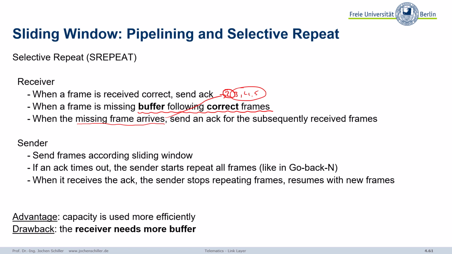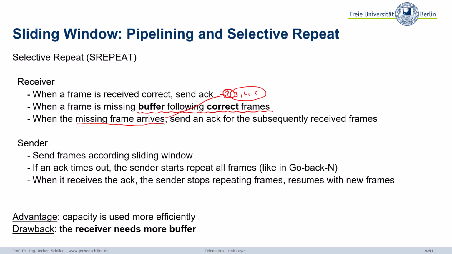That's quite obvious. So we started with a very simple go back N. The receiver doesn't need a buffer for the frames. It's just, okay, they come in order and we give it to the higher layer. Something is missing. We drop all the next frames until we get the missing one. Here, now, we buffer the frames, and as soon as the missing one arrives, then we can forward them in order to the higher layer.